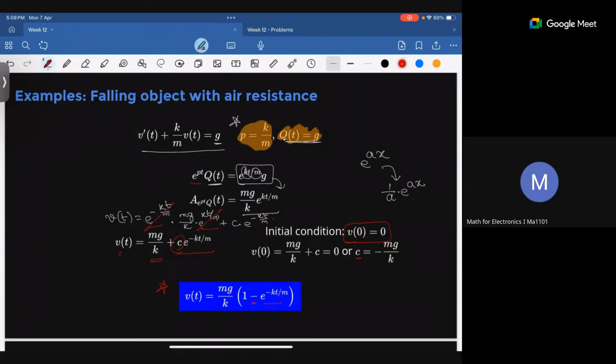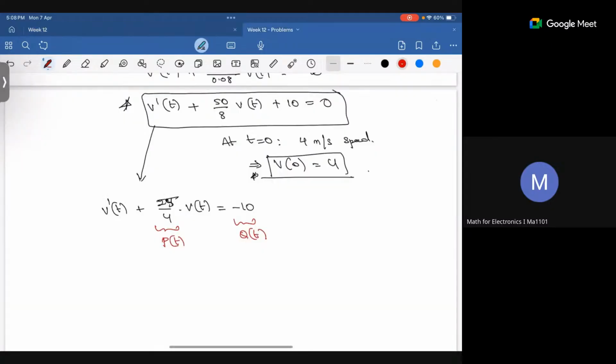So e power pt into the antiderivative of Q(t). So the antiderivative of e power 25t by 4 into minus 10 will be minus 10 e power 25t by 4, divided by 25 by 4.